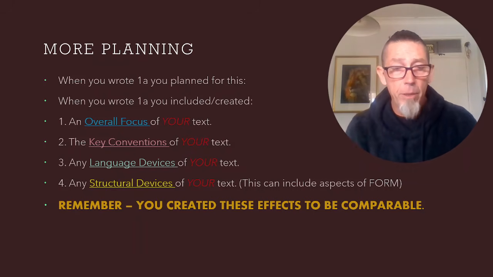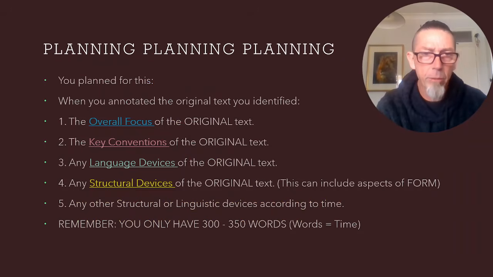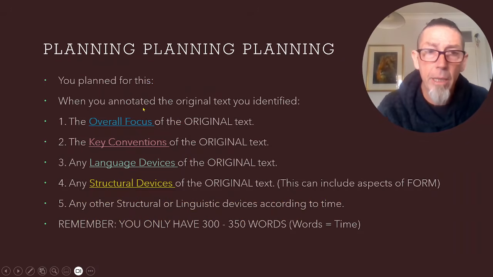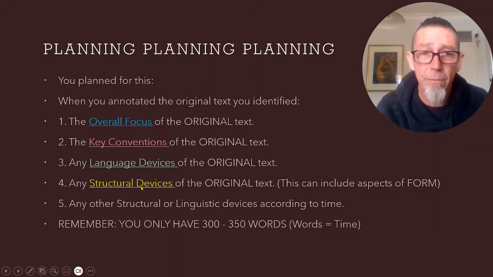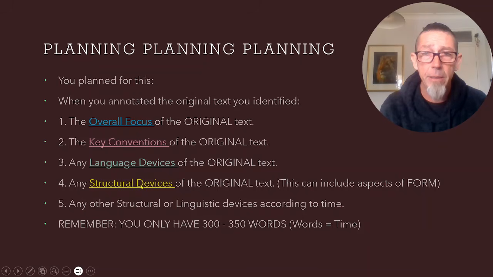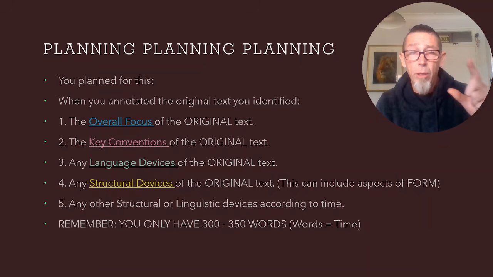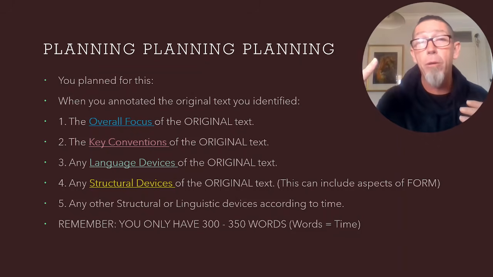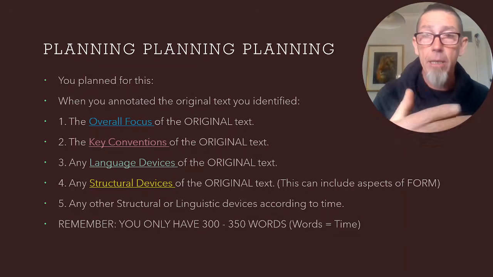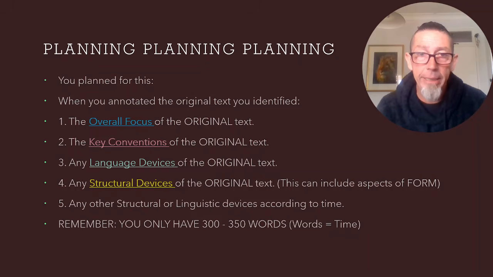Now remember, how do I go back? Do I go back like this? Those overall focus, key conventions, language devices and structural devices are the ones that you identified, and you planned to make sure you're going to be comparable with them in the 1B writing.